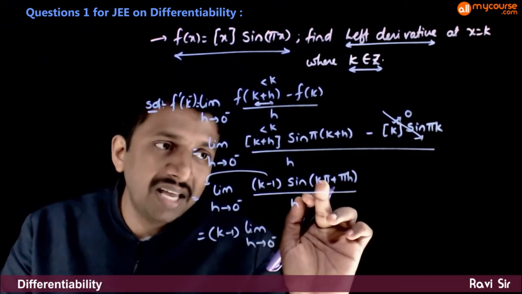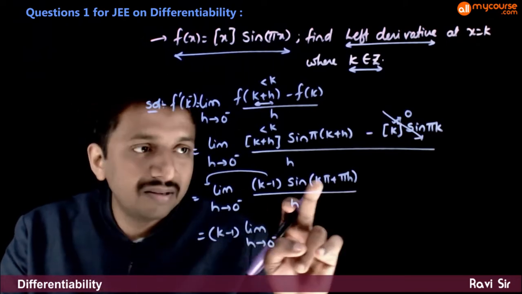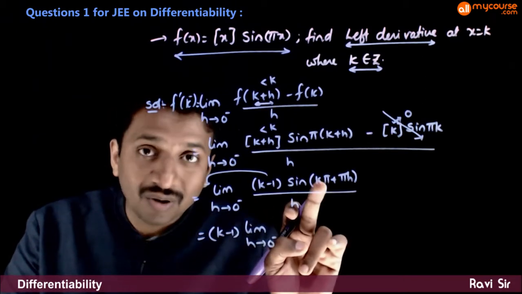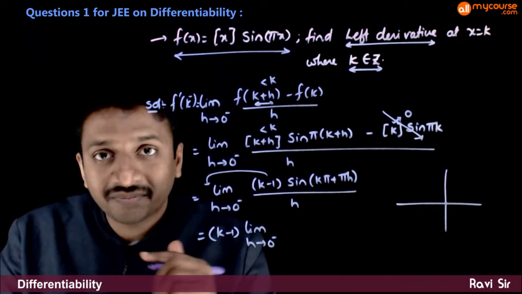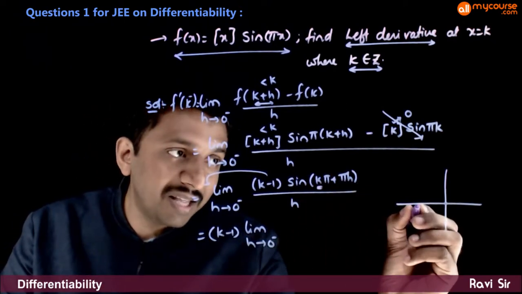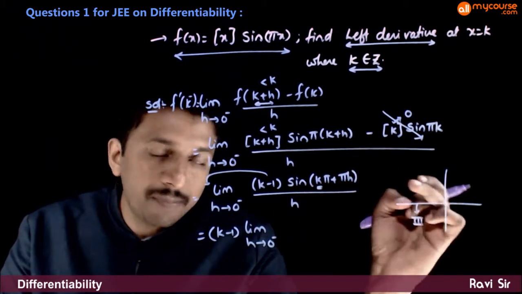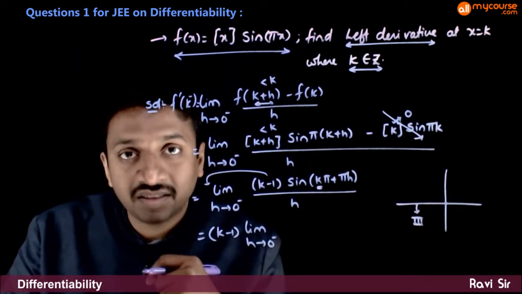So what is sine of k times pi plus pi h? The value of this depends on whether k is even or odd. If k is odd, then k pi plus something lies in the third quadrant, that is, 1 pi plus something, 3 pi plus something, 5 pi plus something lies in the third quadrant.